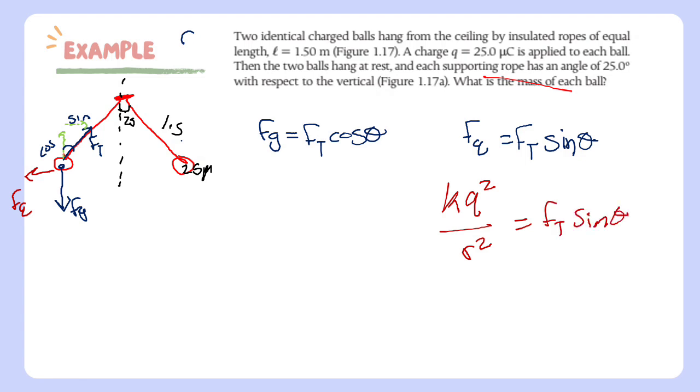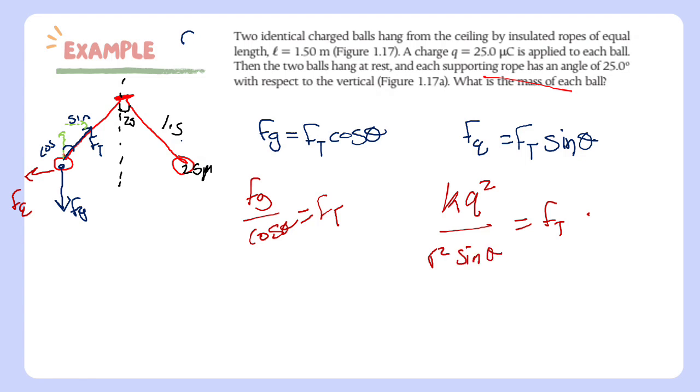If I find Ft, which is the force of tension, it will be really easy for me to find the mass. Because Fg equals Ft cosine theta, if I just divide by sine theta in here, I'll be left with r squared sine theta.